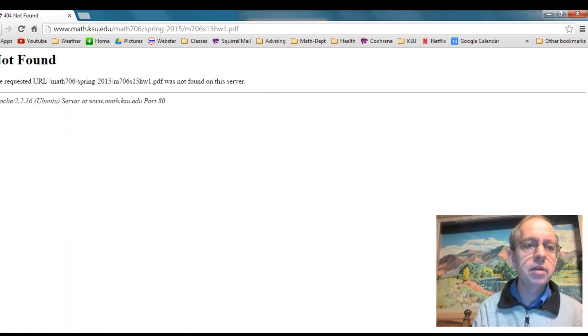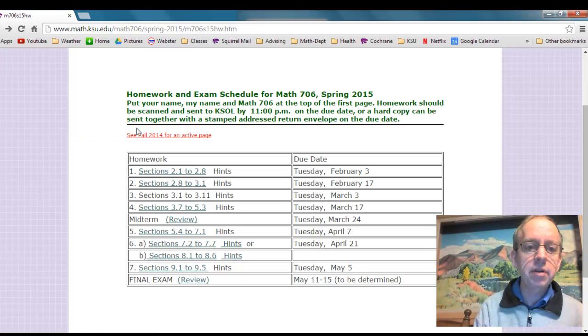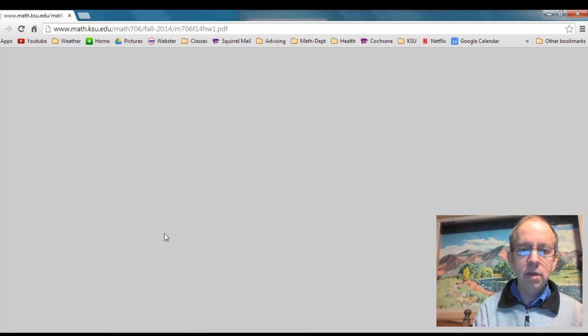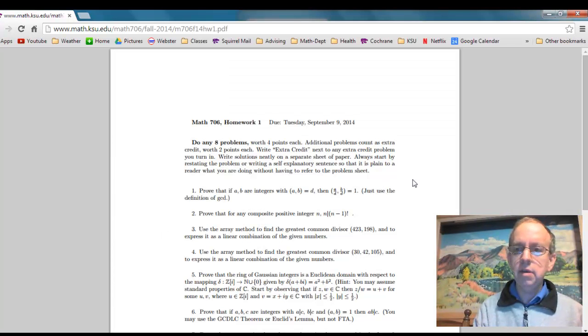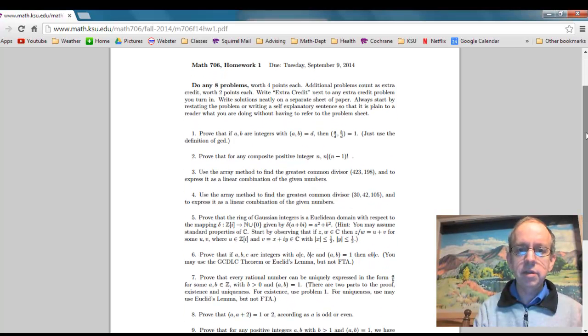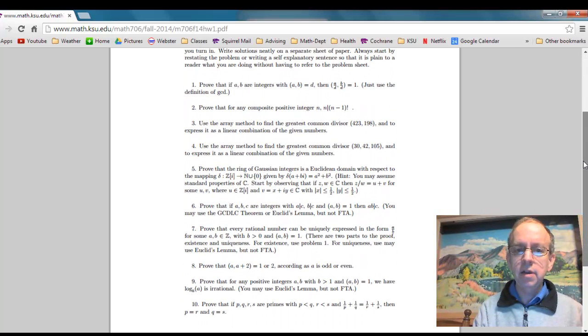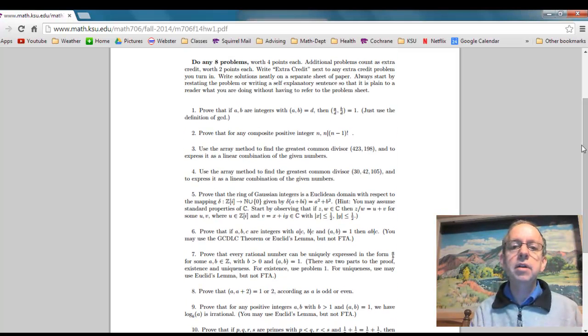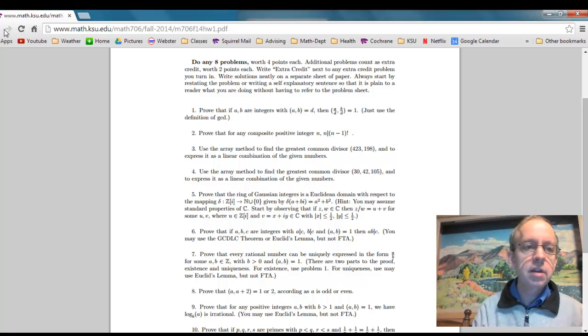Let's see, I don't have this one up, but if you want to see fall 2014, I put a link here. So there's the first homework. Just do any 8 problems on this one, studying basic divisibility properties. Here's Gaussian integers and so on.